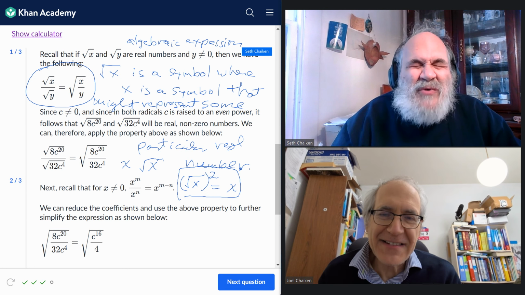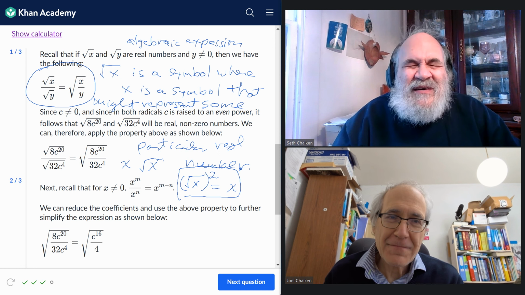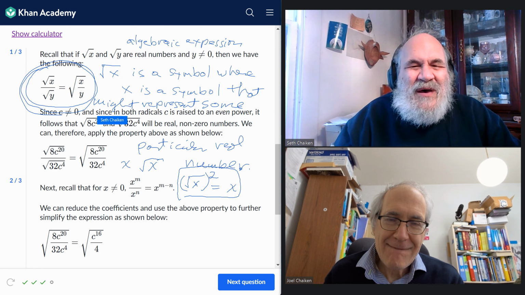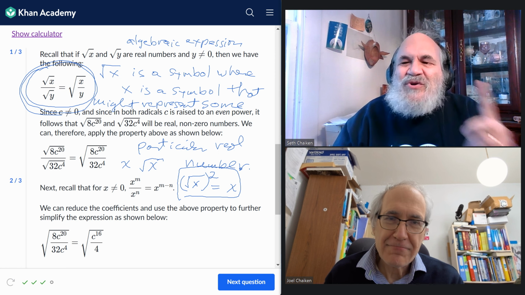What I'm really talking about is that when you see formulas like that, you can apply them in terms of x and y. That's number one.